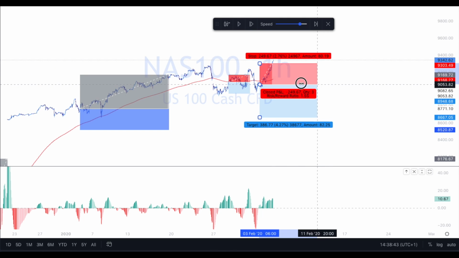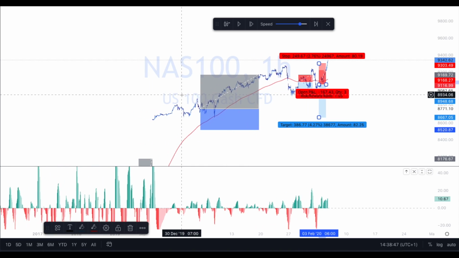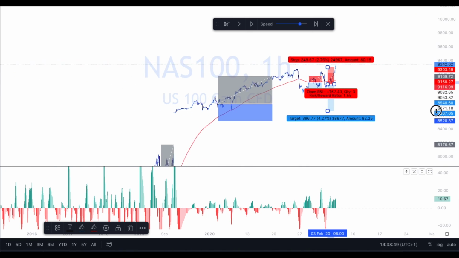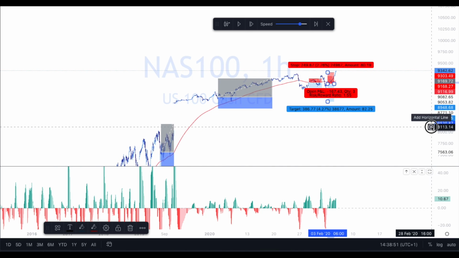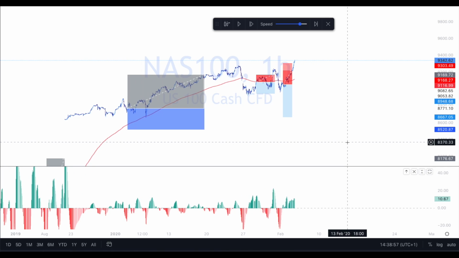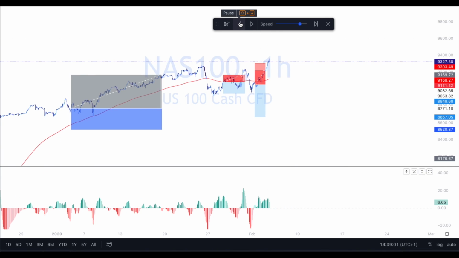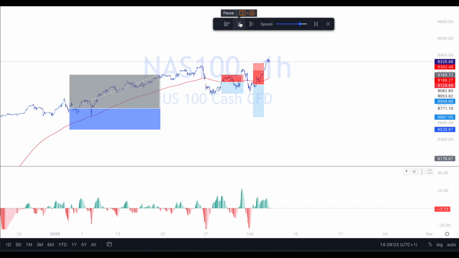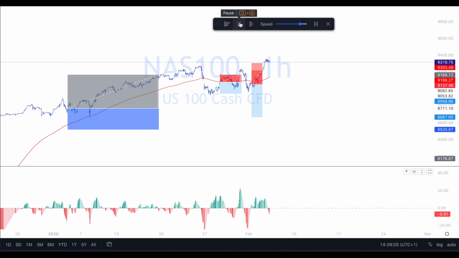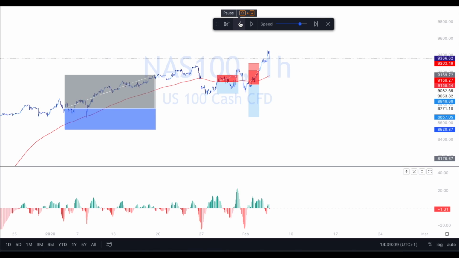Okay, so it done its day. It done its day. So let me just have a look. Let me go back. Okay, so now just gonna wait for price to pull back down again to the moving average, and then we're gonna go with another trade.